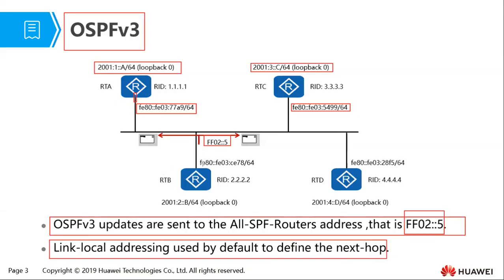The next hop is the next router, the next interface, to which we are going to pass a packet towards its destination. So if we were to pass a packet to RTA, we must specify this interface address, which is this IPv6 address. That's the link-local next hop.